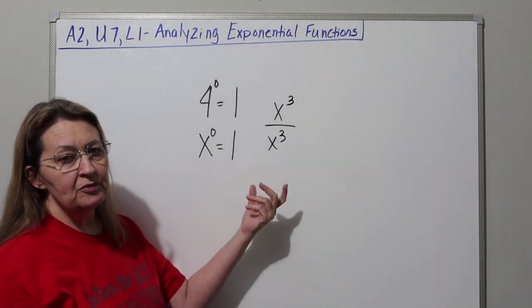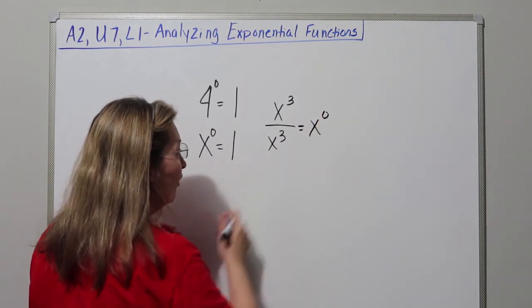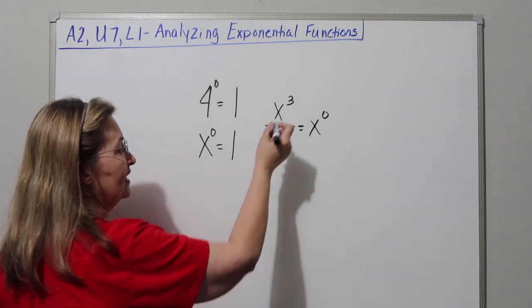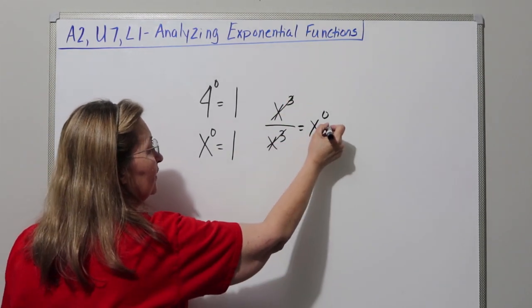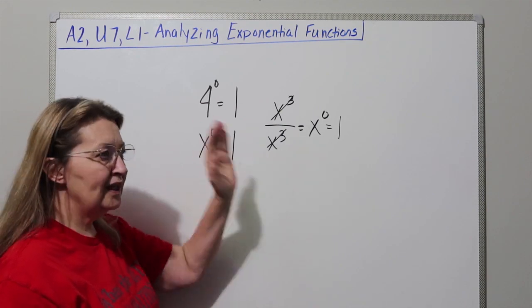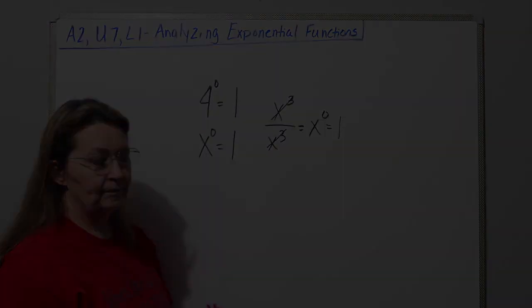When you're dividing, you subtract the exponents. 3 minus 3 is what causes you to have a 0 exponent. Now, what is any number over itself? Well, it's equal to 1. But you really just need to remember that anything raised to the 0 power is equal to 1.